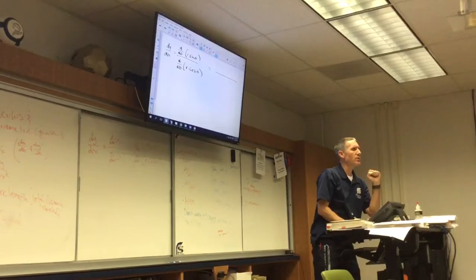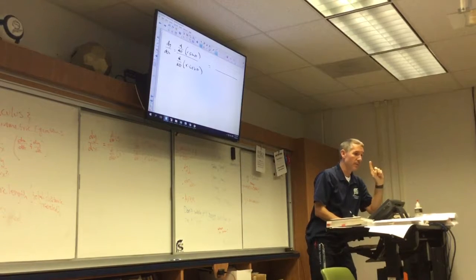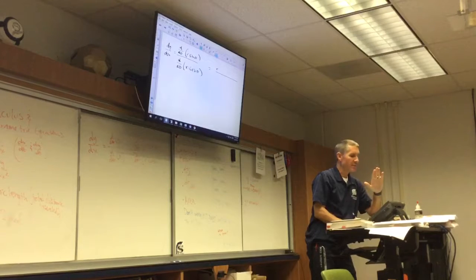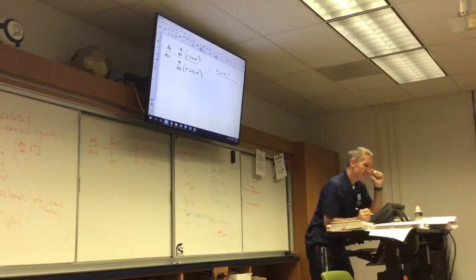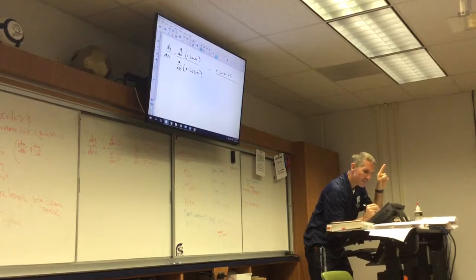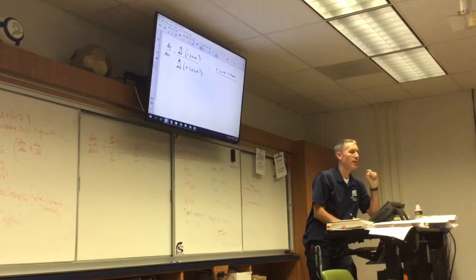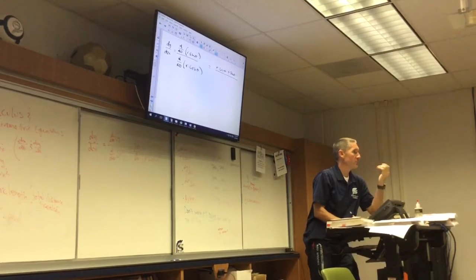What's the derivative of r times sine theta with respect to theta? It's going to be the first, which is r, times the derivative of the second, which is cosine theta, plus the second, which is just sine theta, times the derivative of the first. What's the derivative of r with respect to theta? Just dr d theta.